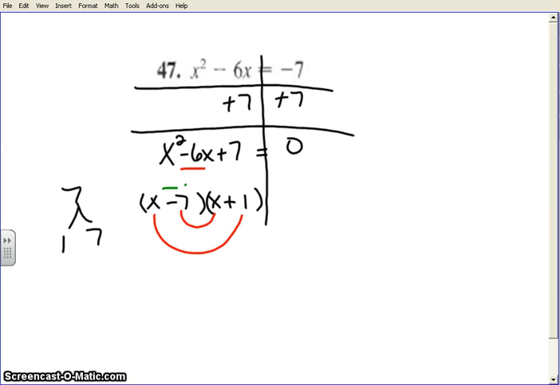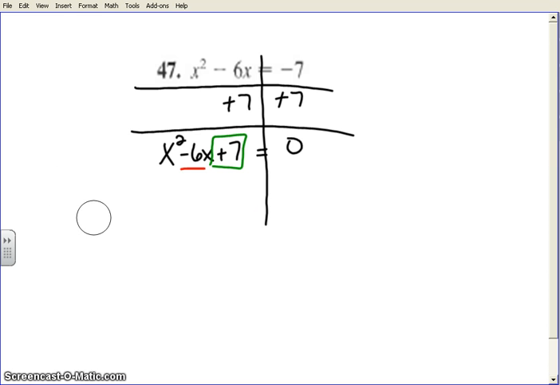However, if I take negative 7 times positive 1, I do not get positive 7. I get negative 7. Okay, so that's not going to work. I'm going to go ahead and solve this quadratic by using the quadratic formula.